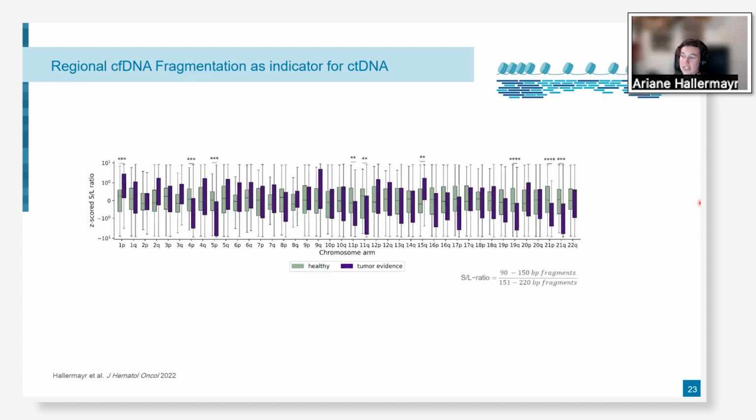And when analyzing the data of patients included within this study, here is a summary plot showing only chromosome arms. On the x-axis are the different chromosome arms, and the y-axis represents the Z-score short to long ratio.